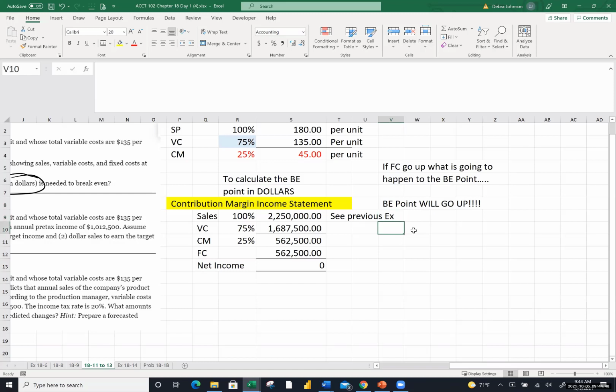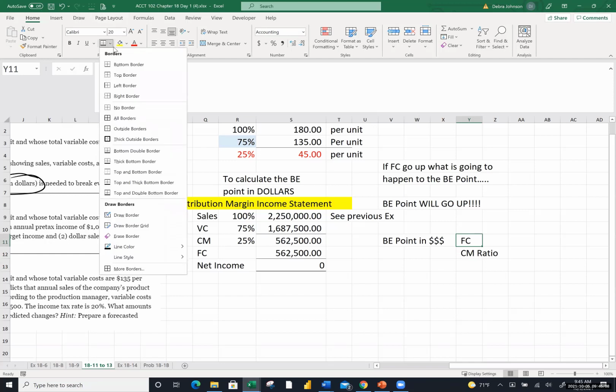We're going to go back to that break-even point. And here's what our formula says. The break-even point, and since they asked specifically in dollars, let's use that formula that will give us that answer. And that formula is fixed costs divided by the contribution margin ratio.